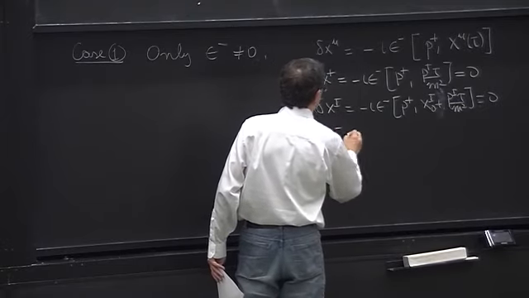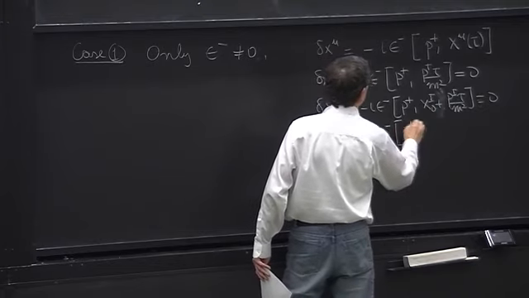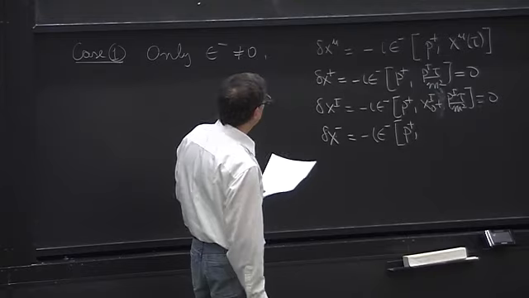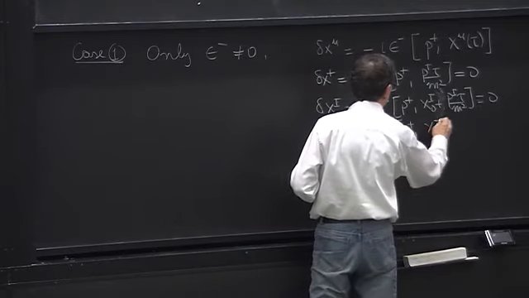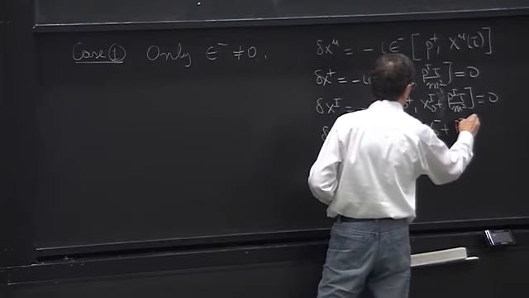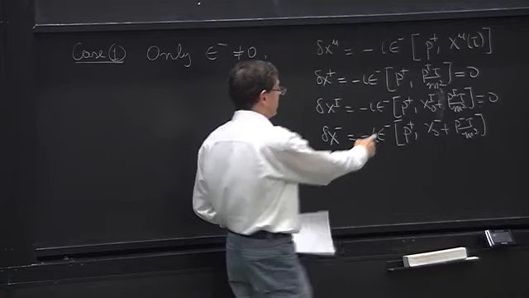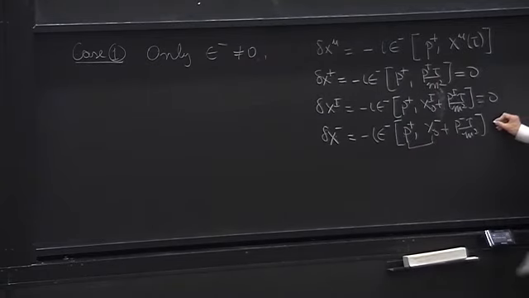Delta x minus should be minus i epsilon minus [p plus, x minus]. So this is x0 minus plus p minus tau over m squared. And p plus with x0 minus is minus i.